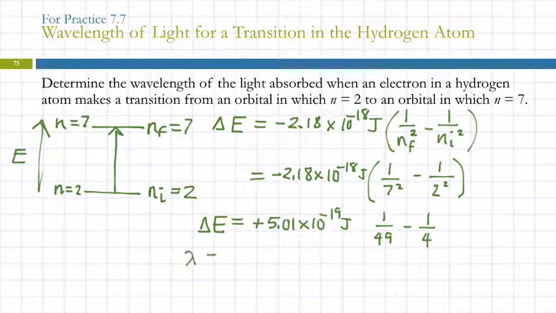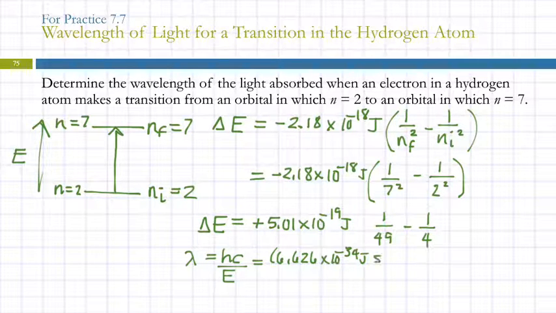The wavelength equals hc over E. So we've got h, 6.626 times 10 to the minus 34 joule seconds. And we've got c, speed of light. And then we've got our energy in the bottom here.